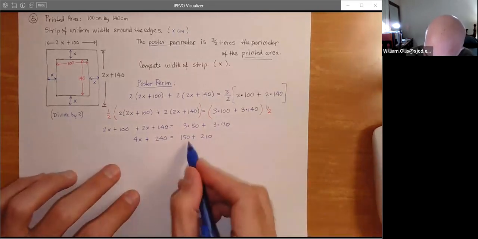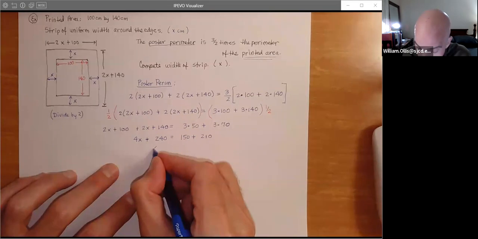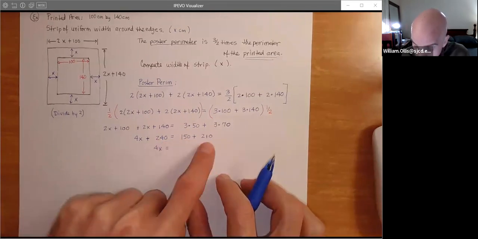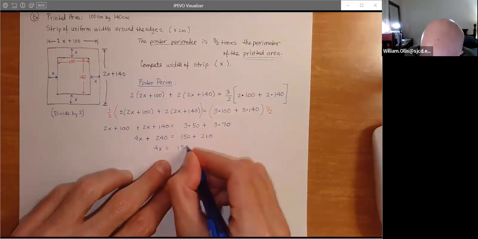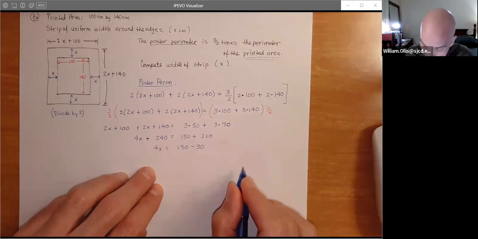So now we can go ahead and do some simple arithmetic. We have a 4x. And of course, if we subtract the 240 from the 210, that will leave us with a negative 30. So we can go ahead and subtract that. Again, the numbers are real simple, just powers of 10.